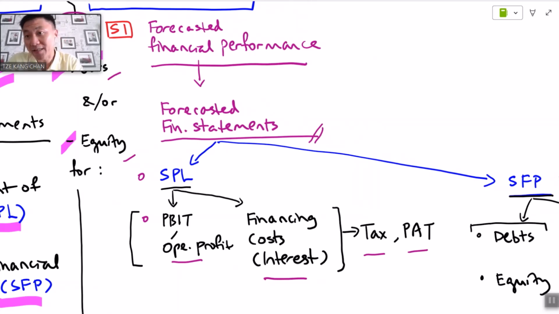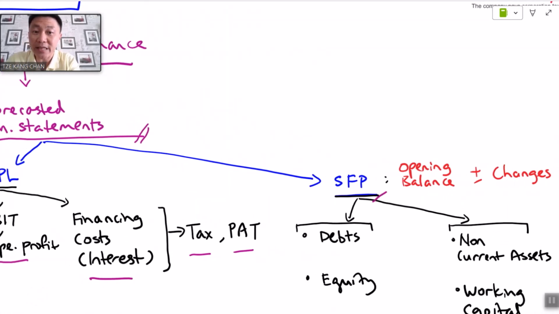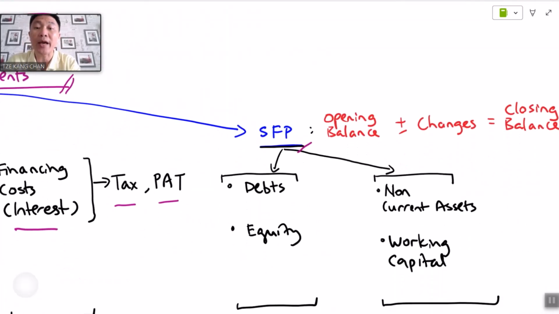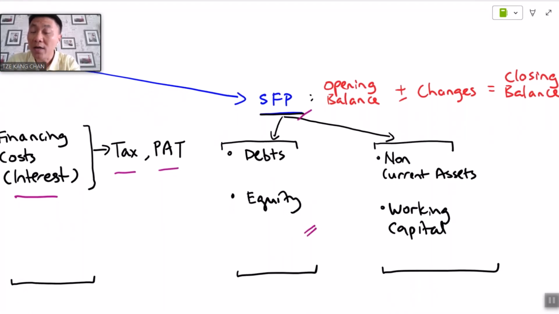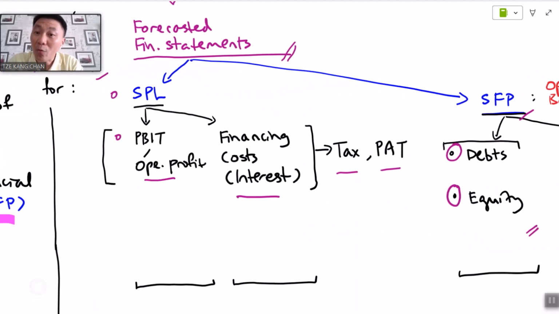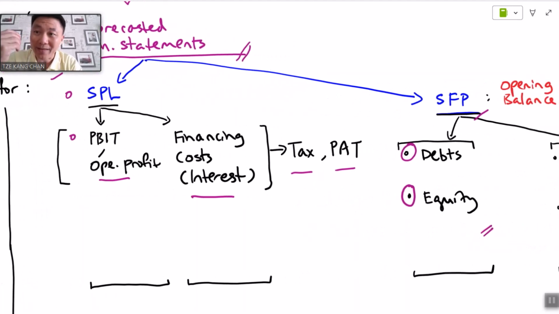Other than the profit and loss, there is the statement of financial position, which mainly comprises, as we mentioned a while ago, the sources of financing, as well as the list of assets invested, made up of non-current assets as well as working capital, as long as it is financed by long-term funds. You are therefore required to determine the forecasted value of components in the P&L, such as PBIT and interest expense, in order to determine the forecasted tax as well as the forecasted profit after tax.